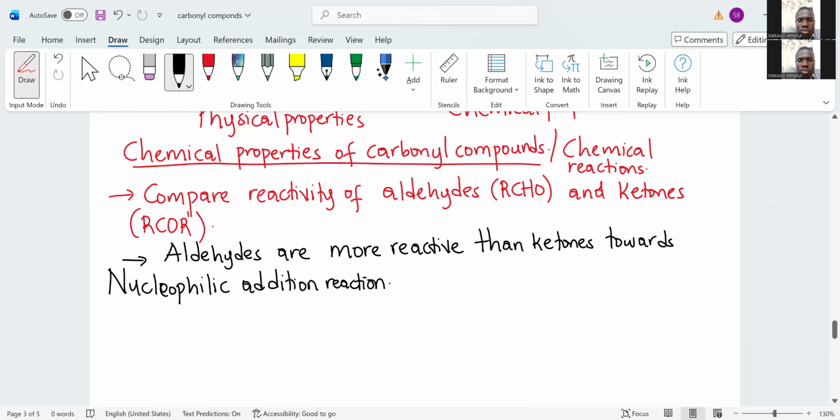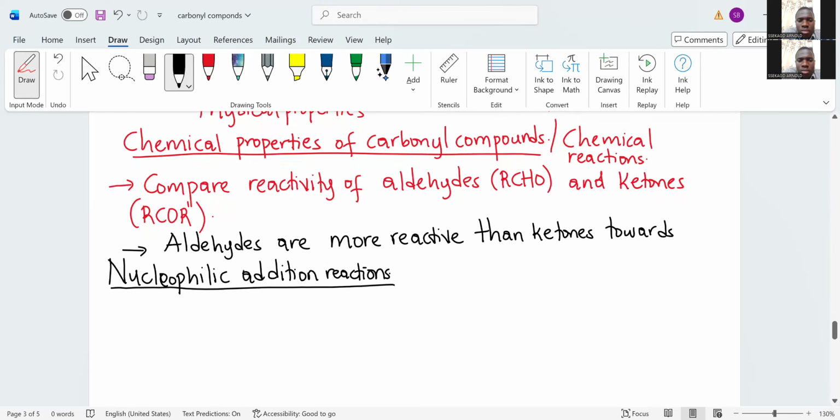So aldehydes are more reactive than ketones towards nucleophilic addition reactions. Now this is a new term, a new word.